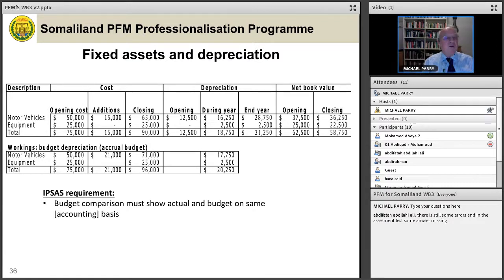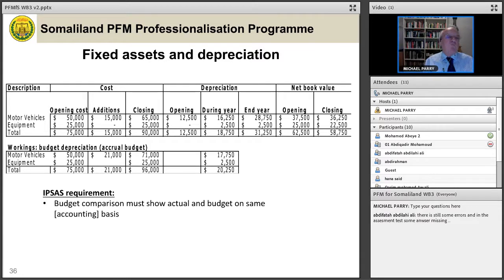So you either have to convert your budget to an accrual budget, or you have to convert your statement of surplus and deficit to a cash basis to compare it with the budget. The IPSAS does not say which of those two options you should use, but you cannot compare an accrual statement of actual with a cash basis budget, because you are not comparing like with like. You must compare them on the same basis.